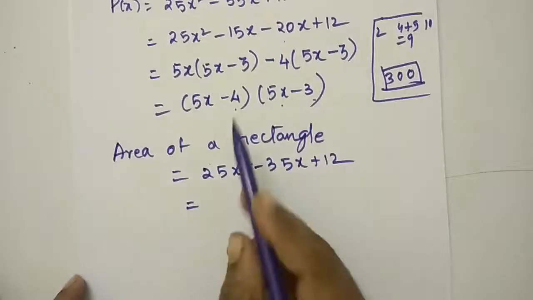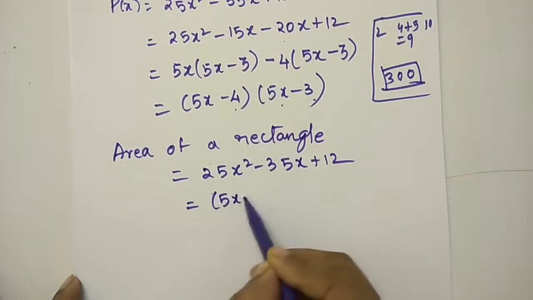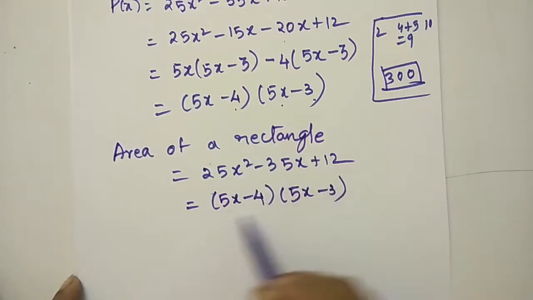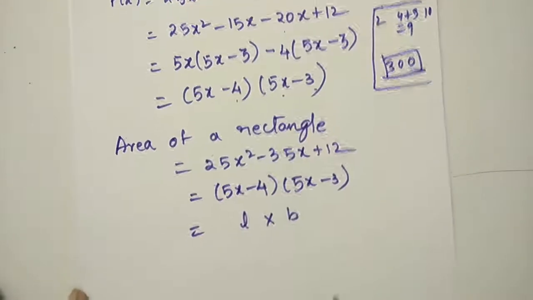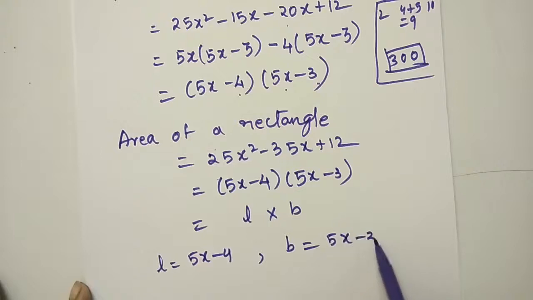This is equal to what we expressed as two linear polynomials. Write down here 5x minus 4 and 5x minus 3. So it is nothing but length into breadth, is it not? So here length is 5x minus 4. Breadth is 5x minus 3.